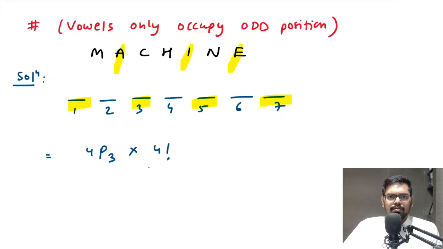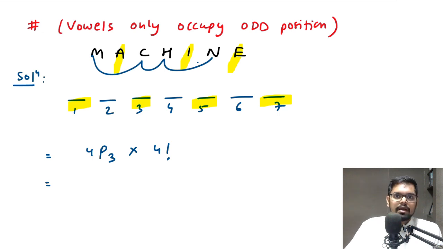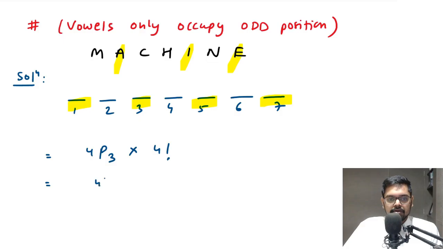And not in the 4P3 kind of format, right? Anyhow, you get 4P3 as 4 factorial only, but conceptually you should know that MCHN do not have 3 blanks, but get 4 blanks to be placed. So conceptually you should be very clear. And finally you are going to say 4P3 is 4 factorial by (4 minus 3) factorial, which is 4 factorial again. So this is your final answer.